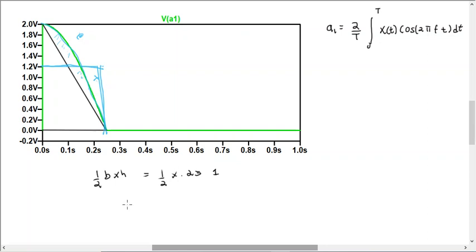So that's 0.25 times 1.2, which becomes 0.3, and 0.25 divided by 2.